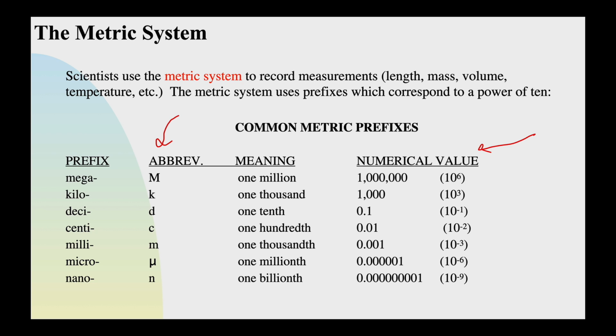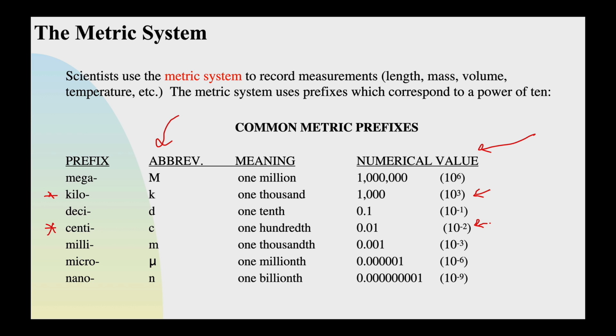And some of them that you're probably familiar with: kilo, which is used for kilometers and stuff like that. You might have heard of a centimeter, which is centi, all right? Kilo is always 10 to the third, or 1,000, in scientific notation. And centi is always 10 to the minus 2, or 0.01, and that's going to be really handy.